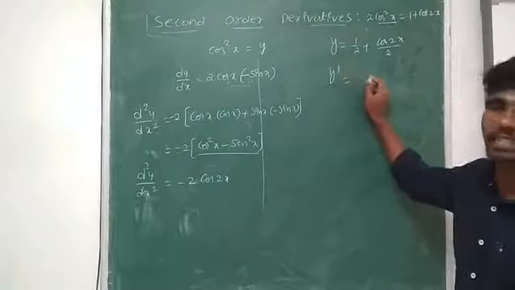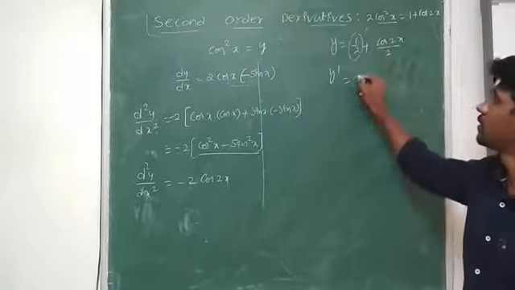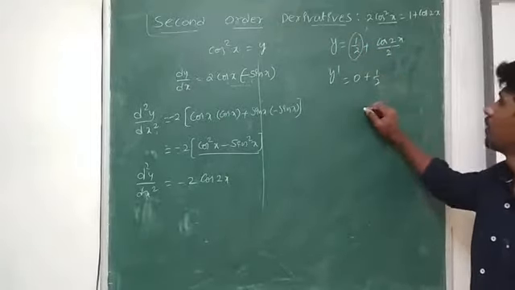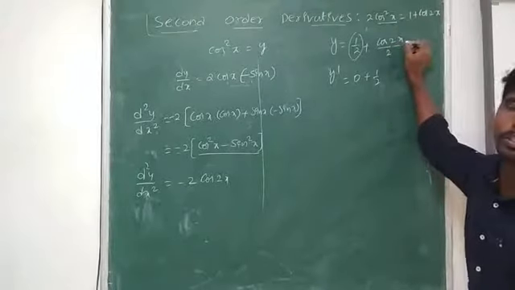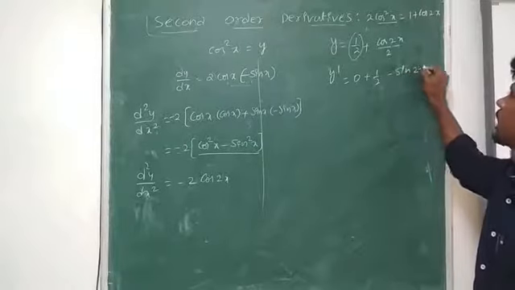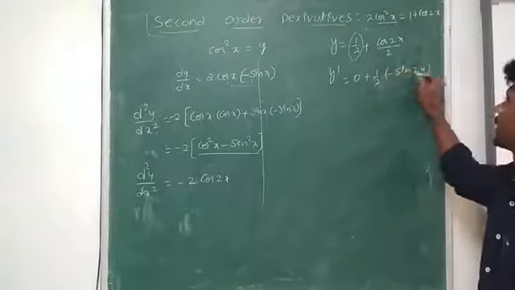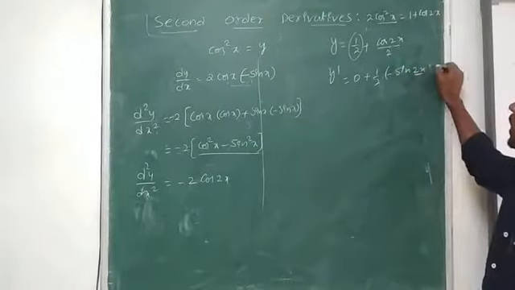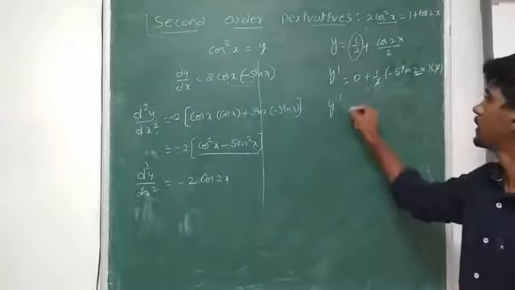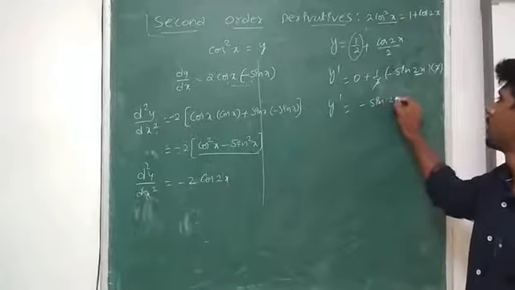y1 is equal to the derivative of the constant, 0, plus 1 by 2 as usual, times the cos 2x derivative. What is the cos 2x derivative? Minus sin 2x. But it is not x, so I have to write 2, and the 2 and 2 get cancelled. y dash is equal to minus sin 2x.